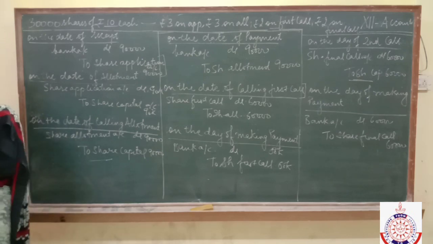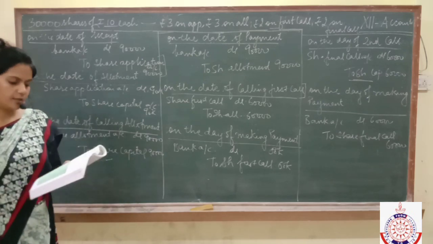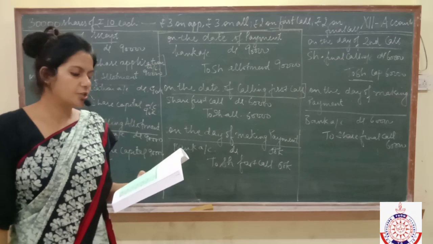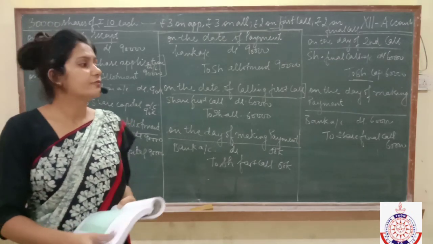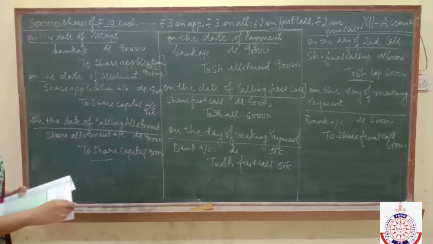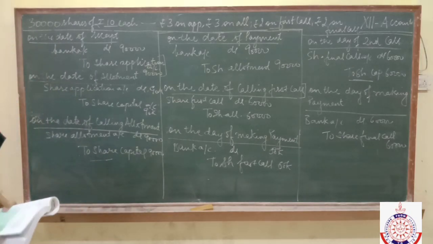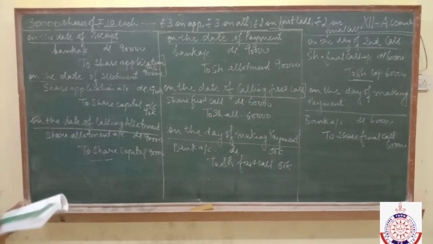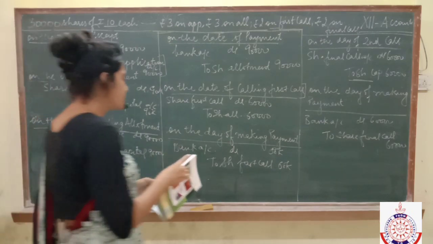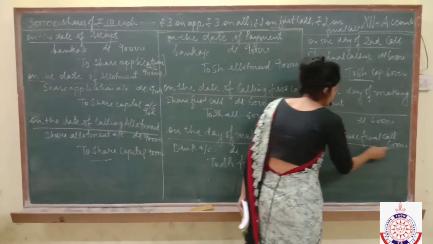Now read it. One last entry is given in your book. If you can see, share issue expenses amounted to rupees 8,000. It means while you were doing this process, like when you issued the prospectus, you incurred some expenses, and the amount of those expenses is 8,000. So we should pass the entry.